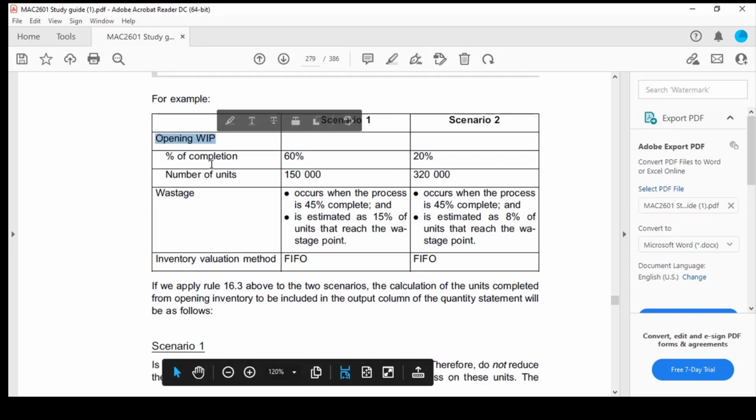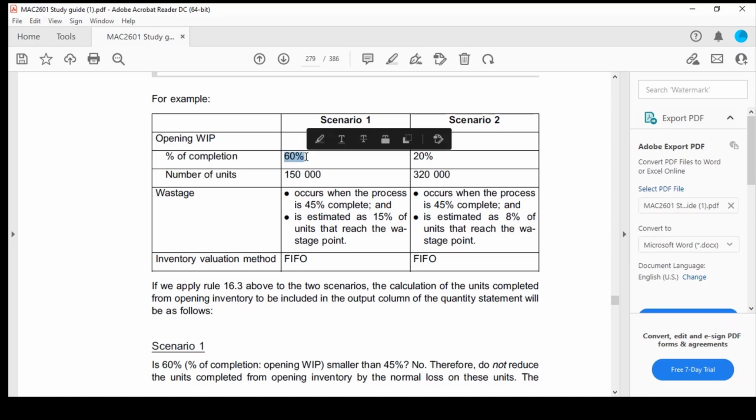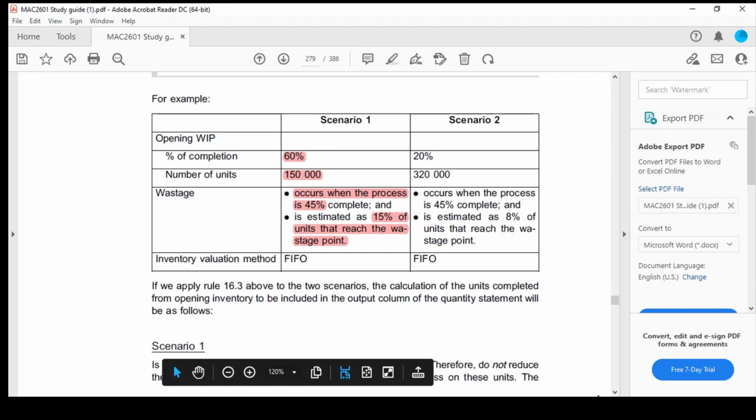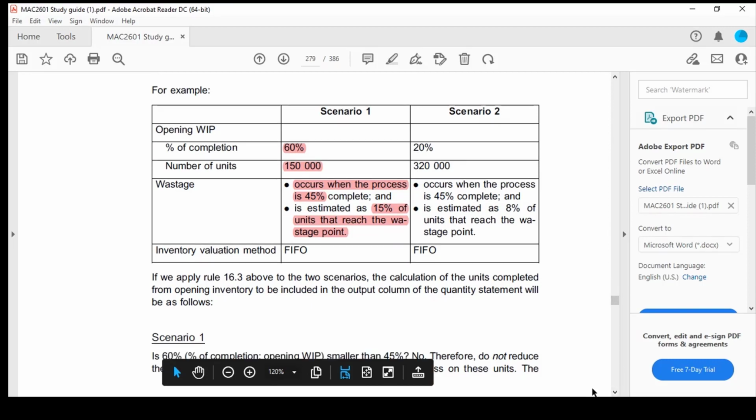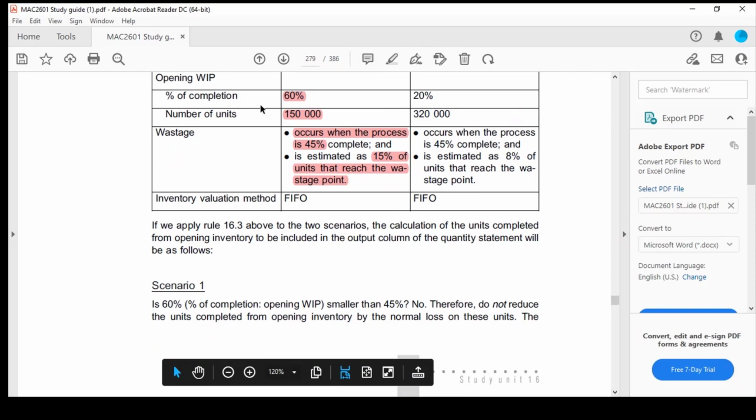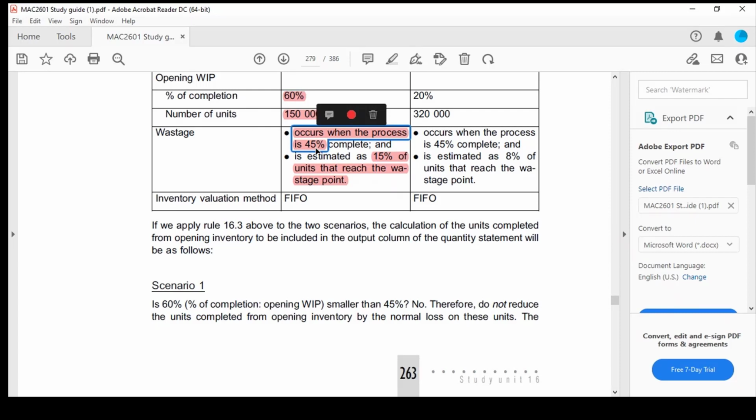Here's your opening WIP. Scenario 1: percentage of completion is 60%, and the units we are dealing with are 150,000. Your wastage point occurs where the process is 45% complete, and it is estimated as 15% of units that reach this point. When we apply scenario 1, you ask yourself, is the 60% smaller than this 45%?